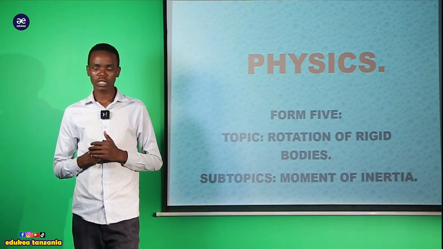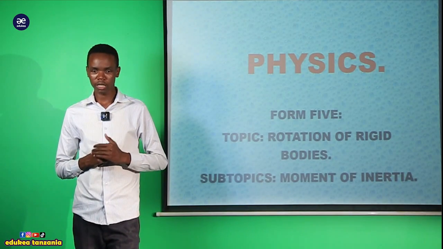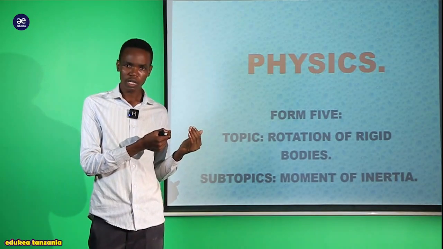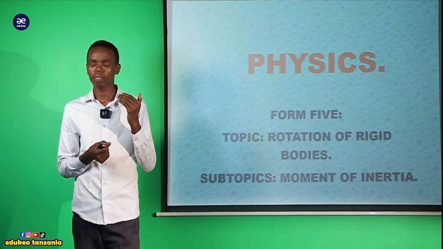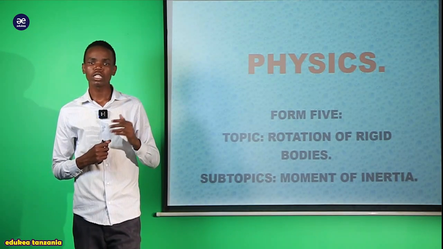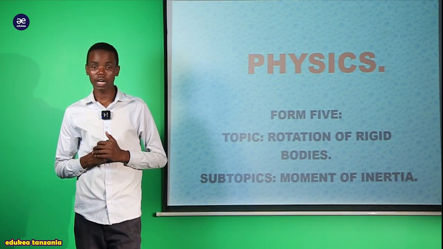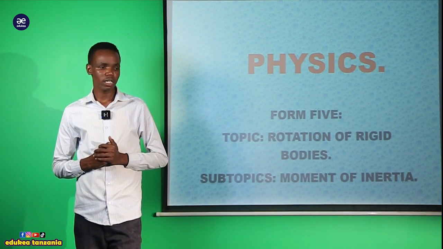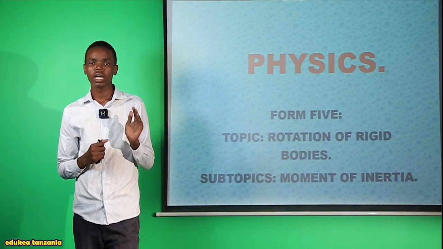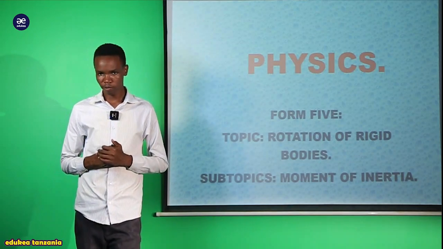We tried to demonstrate and solve those questions, and after that we tried to look for the moment of inertia of a sphere, and we started on how we can demonstrate the moment of inertia for a solid sphere.